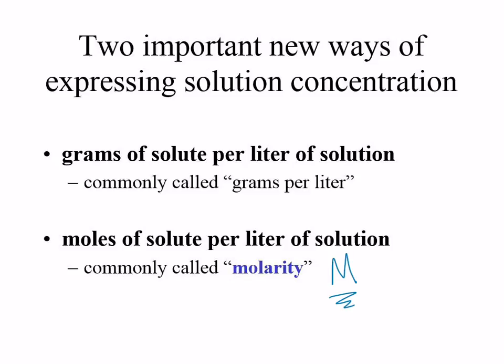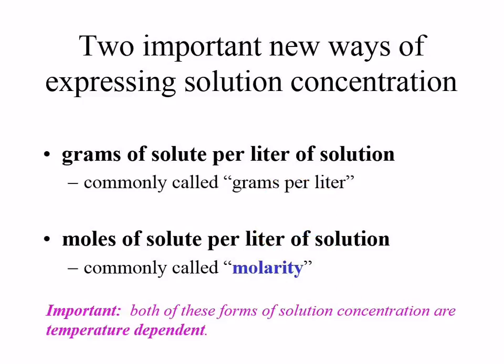But molarity, bottom line, is moles of solute per liter solution, mol/L. That's it. How concentrated is the solution? If you have a liter of solution, how many moles of solute do you have? That's molarity.